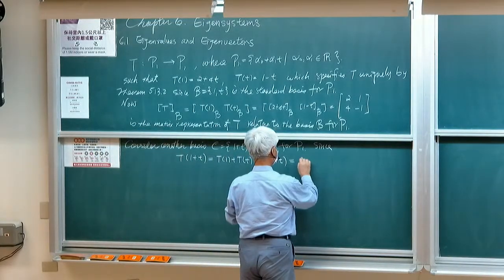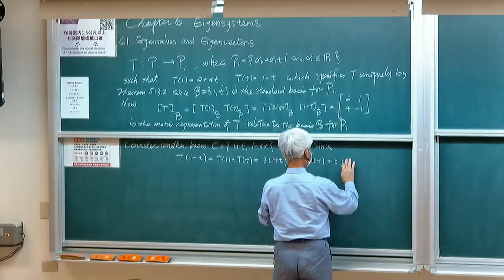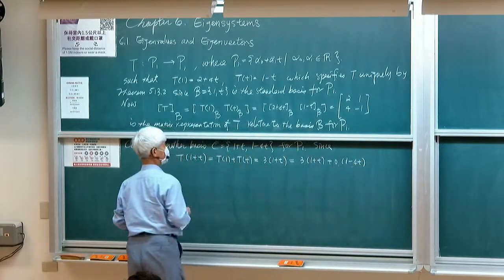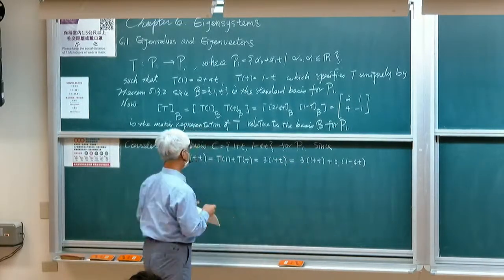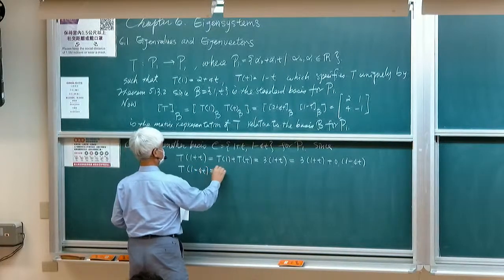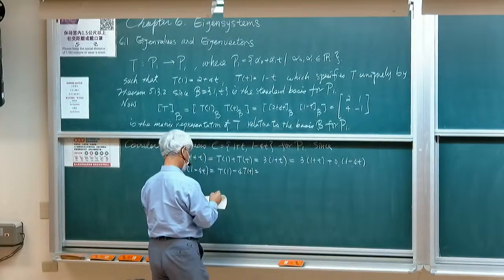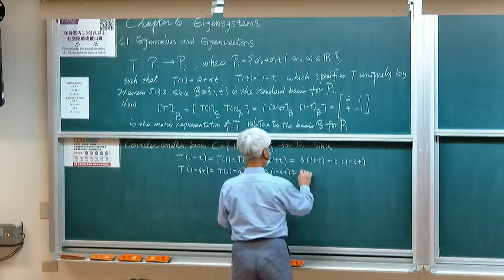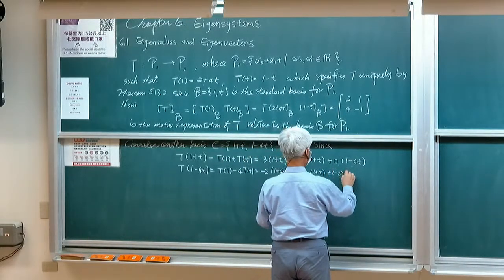So we just write it plus 0 times (1 minus 4t). Because later on we will need this linear combination, T of (1 minus 4t) is T(1) minus 4T(t), and the result again is minus 2 times (1 minus 4t). So it's 0 times (1 plus t) plus minus 2 times (1 minus 4t).